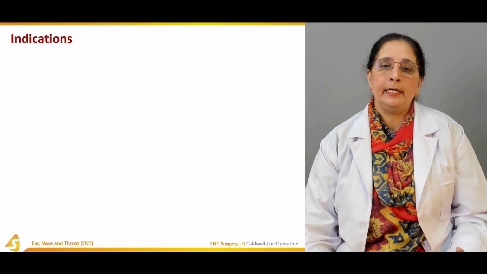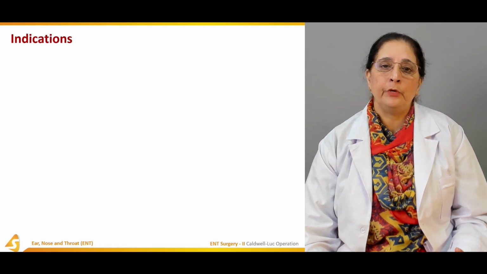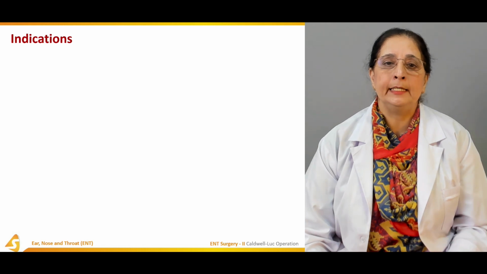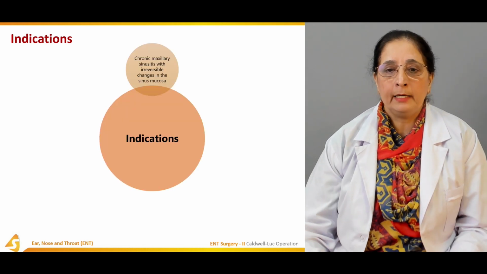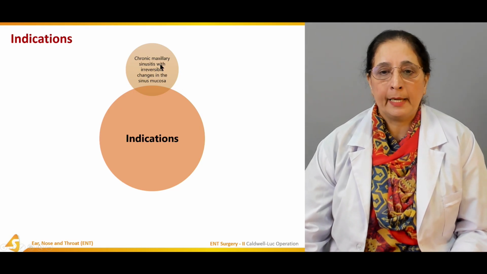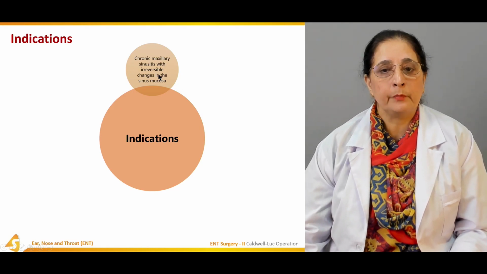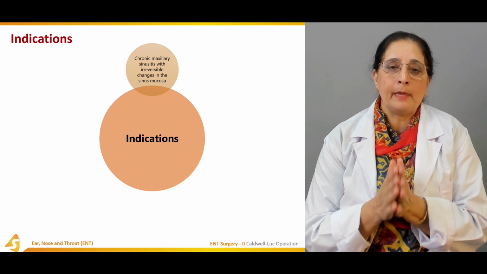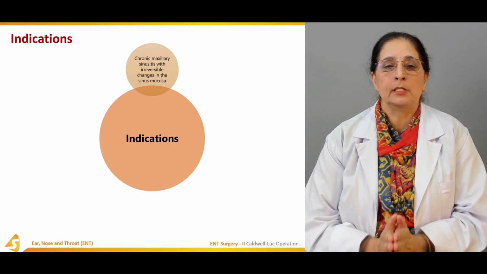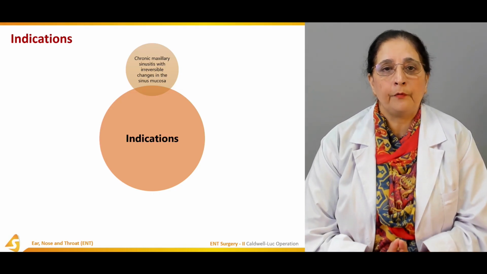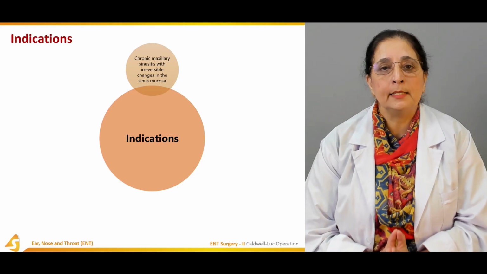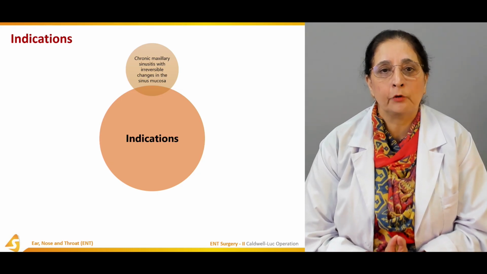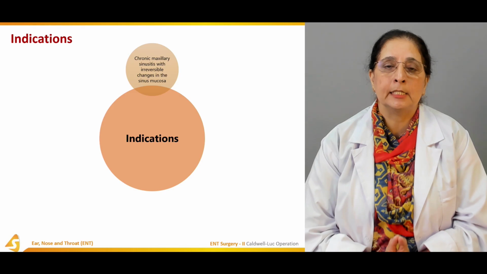Indications: what are the conditions in which we can do the anterior antrostomy? We have chronic maxillary sinusitis with irreversible changes in the sinus mucosa. This indication is the same as for inferior antrostomy, which we can perform for purulent chronic maxillary sinusitis.